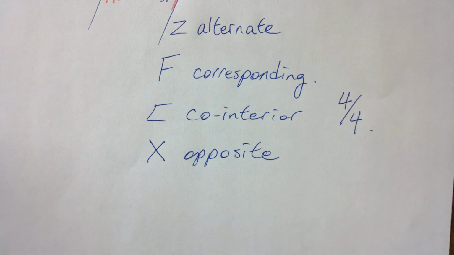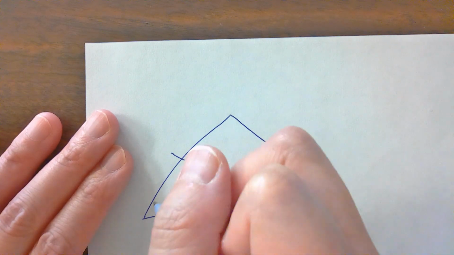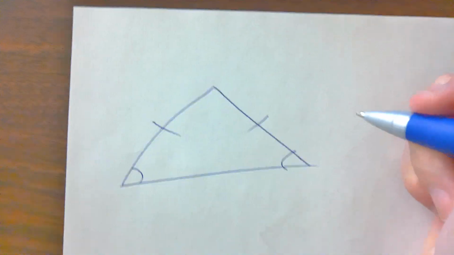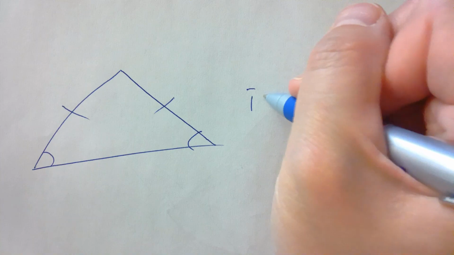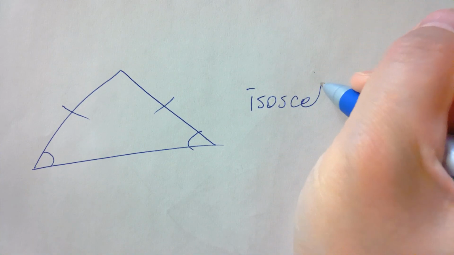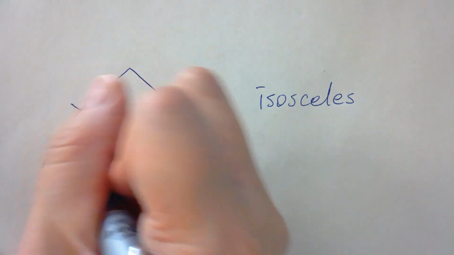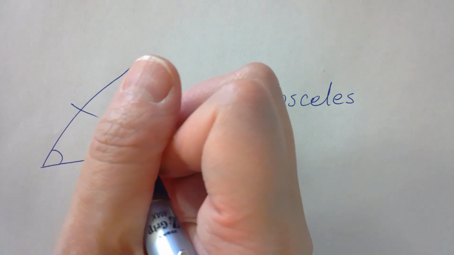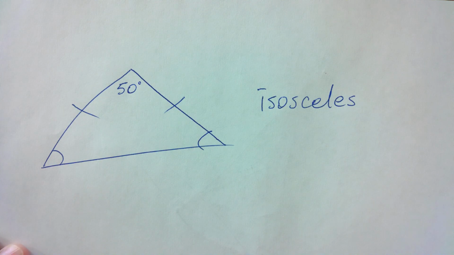What else? Oh yeah, the triangles. We went over it already. This is called, spell it. Alright. If I say this is 50 degrees, how much is each side?